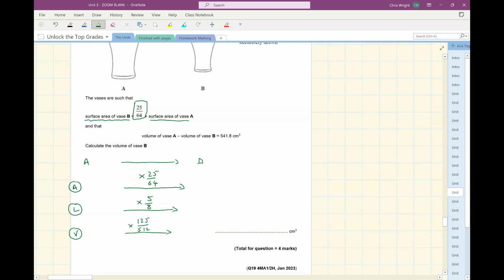Okay, now let's read the question. The volume of vase A, subtract the volume of vase B, equals 541.8.